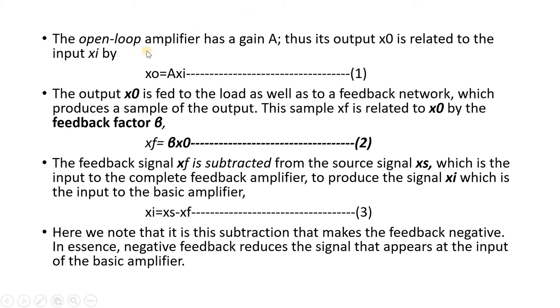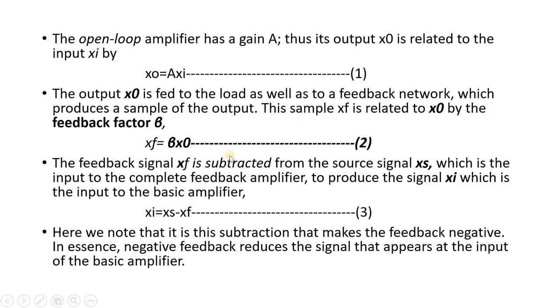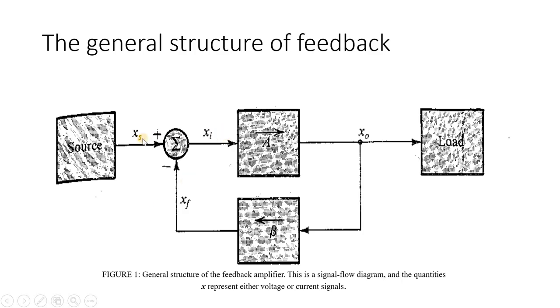So the open loop amplifier, as I told, has a gain A, and thus its output x naught is related to the input by x naught is equal to A into xi. And what is xf? Xf is nothing but beta into x naught. And then xi, what is xi? It is xs minus xf.